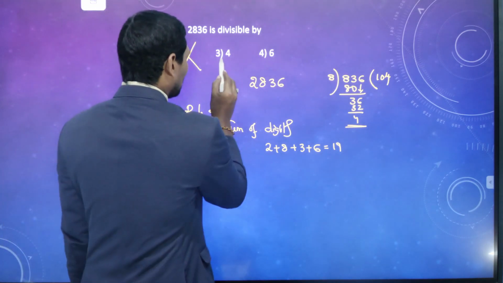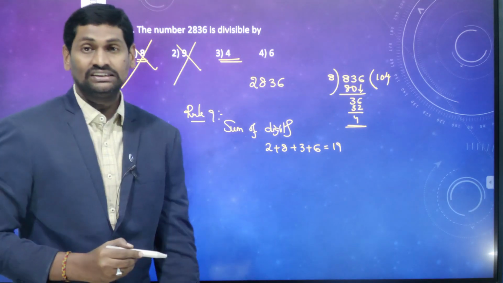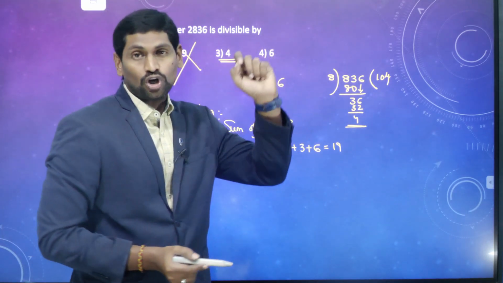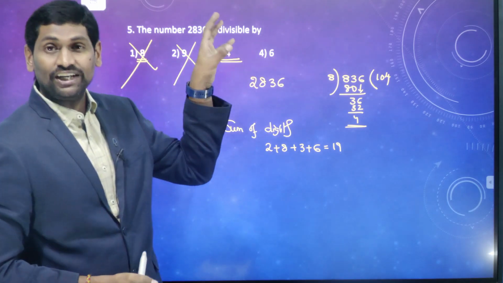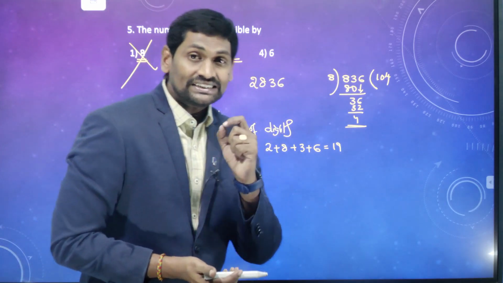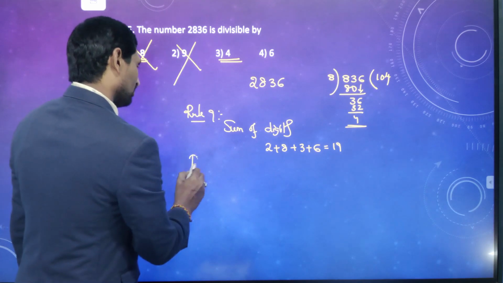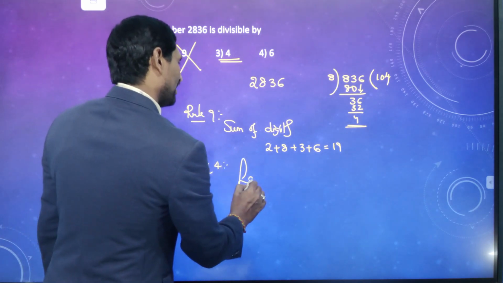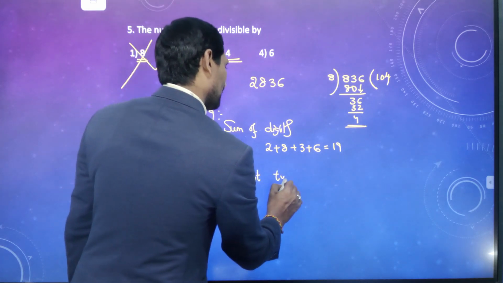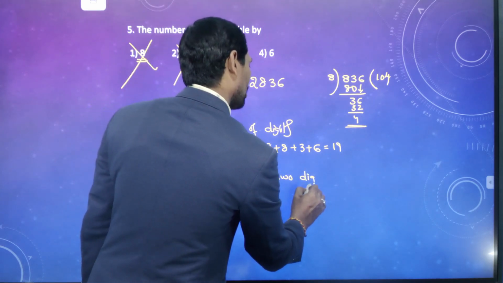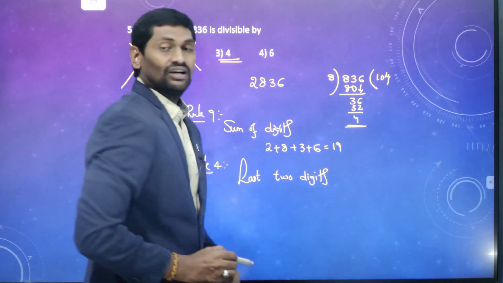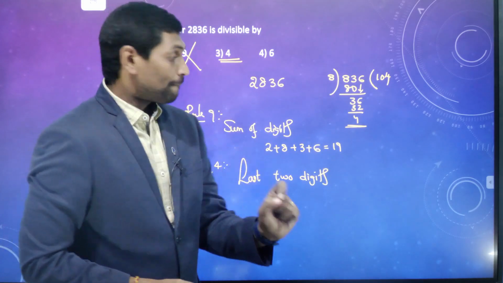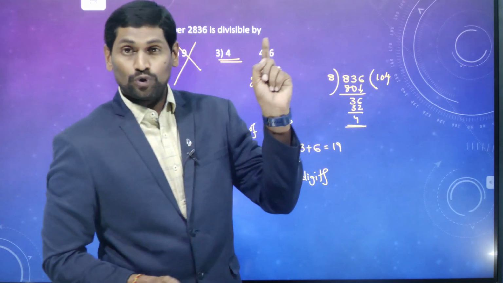Let us check option number 3. What is option number 3? We have to check the divisibility rule of 4. That means the given number is exactly divisible by 4 or not. What is the divisibility rule for 4? The rule for 4 is nothing but the last 2 digits of a number are zeros or a multiple of 4.